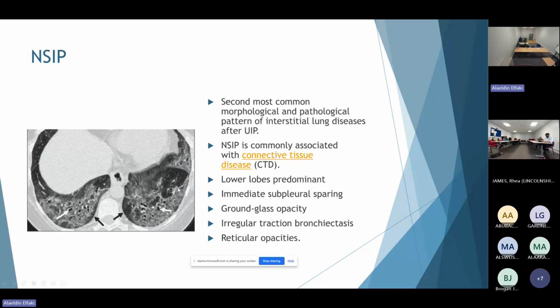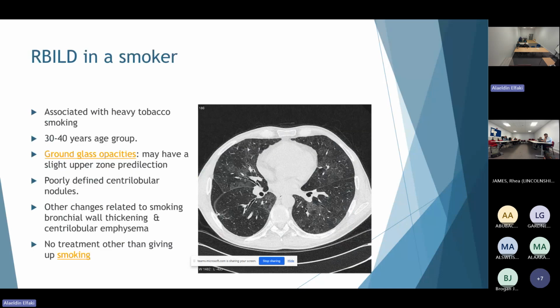And predominantly we see ground glass rather than honeycombing. And sometimes you may see traction bronchiectasis here as well. So with any features like that, it's also worth screening for connective tissue disorders.